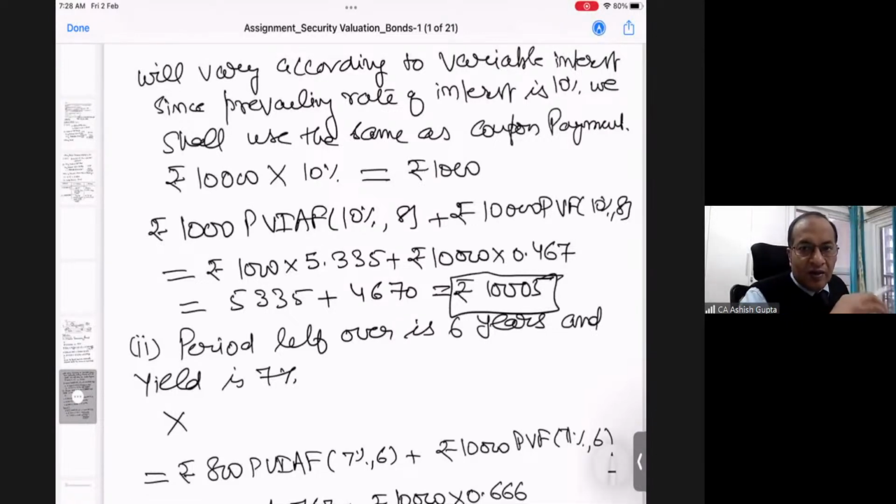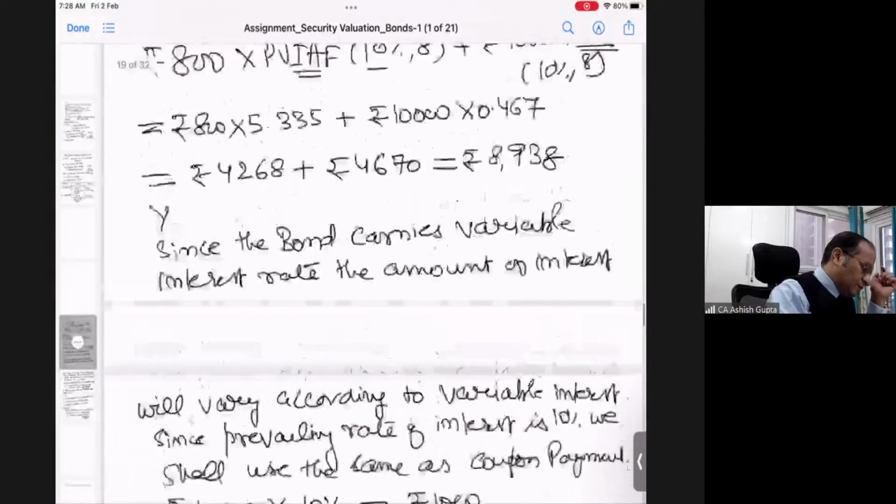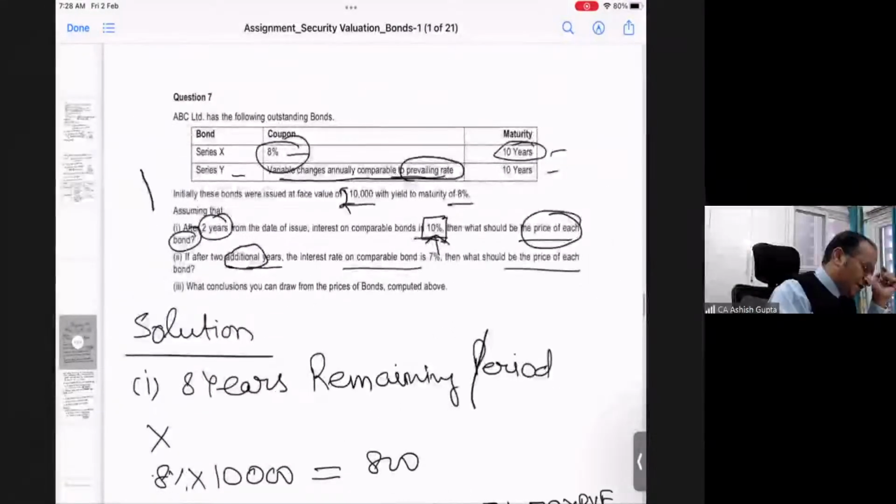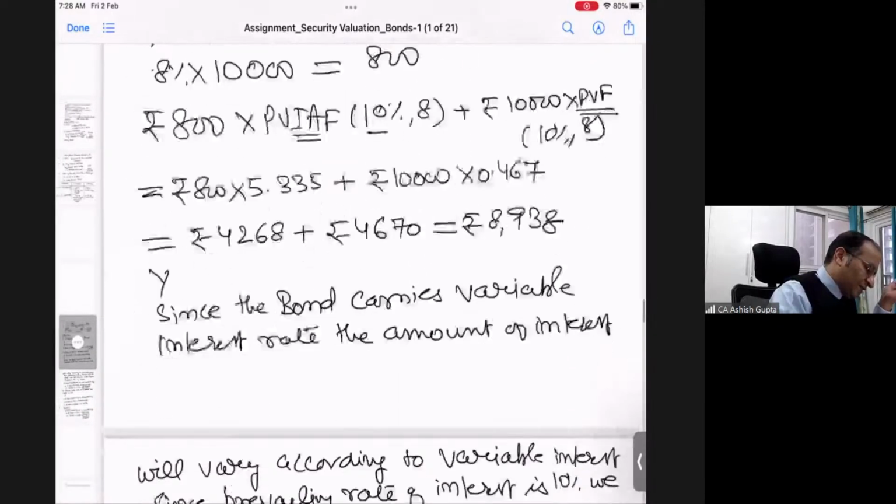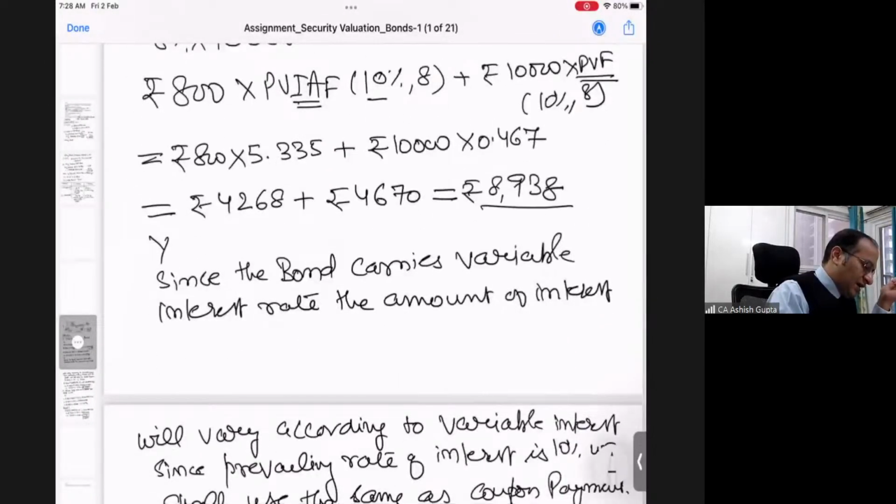So what does it indicate? With a change in the interest rate, it moves inversely, because here the coupon rate is 8%. When we discount 10,000 there, our price of the bond was 8,938, which is less than 10,000.